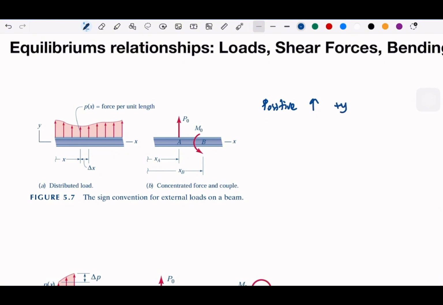And the moment is also positive, basically by the right hand rule. Because if we use the right hand rule, it's going to be outward, right?